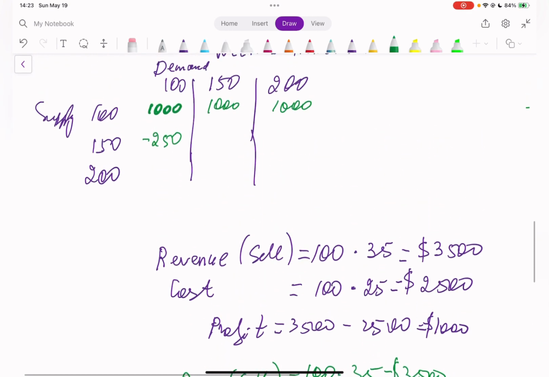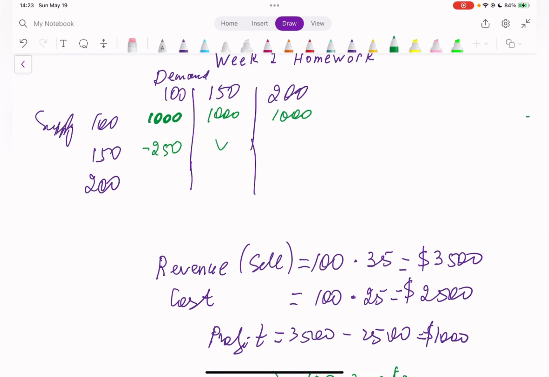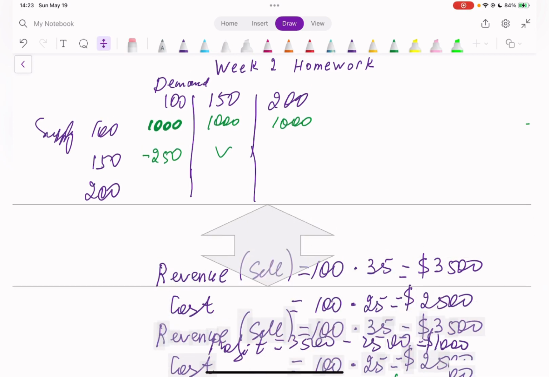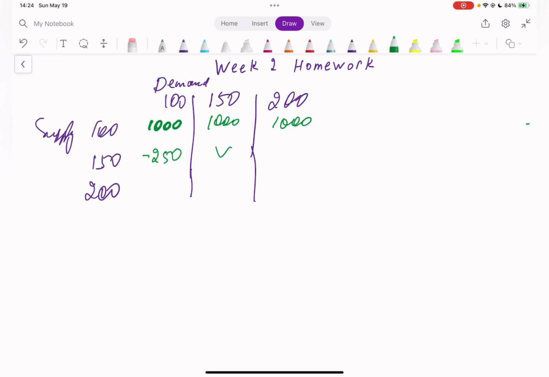Next, in this case we have demand 150, supply is also 150. Let me drop it down so I can always work here so I can see. So revenue from sale is equal to 150 times 35, and I am getting $5,250.